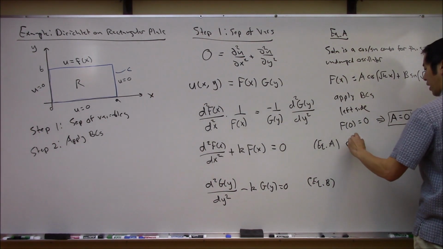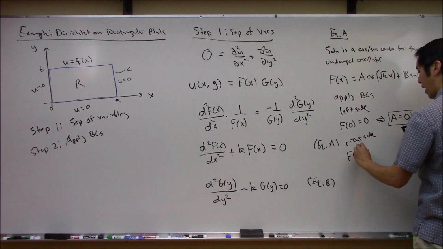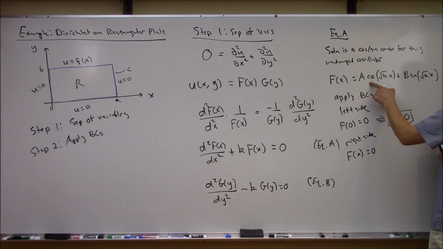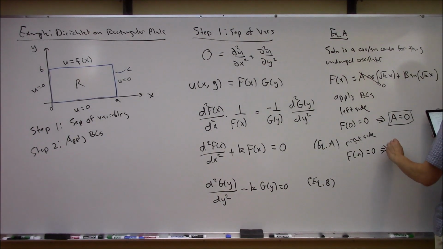Okay, the right side, if we do the same thing, f at x equal to a has to be 0. So you plug this in along with our discovery that A is 0. This thing is all gone. So what this pops out is that b sine of square root k a had better equal 0.